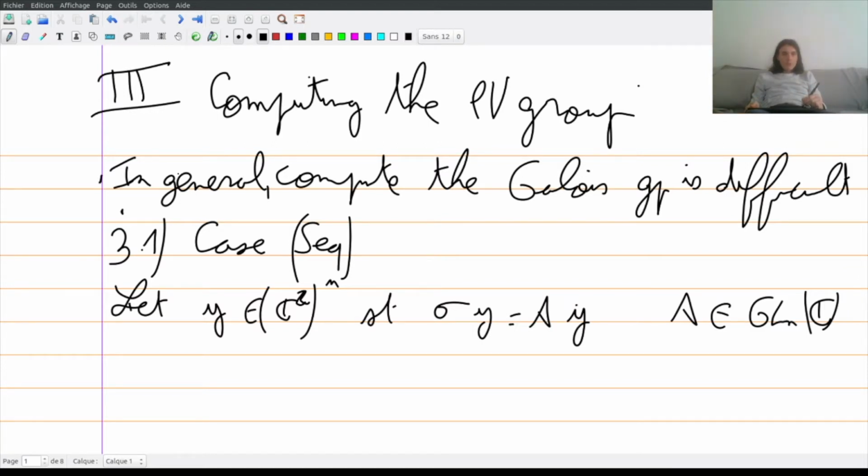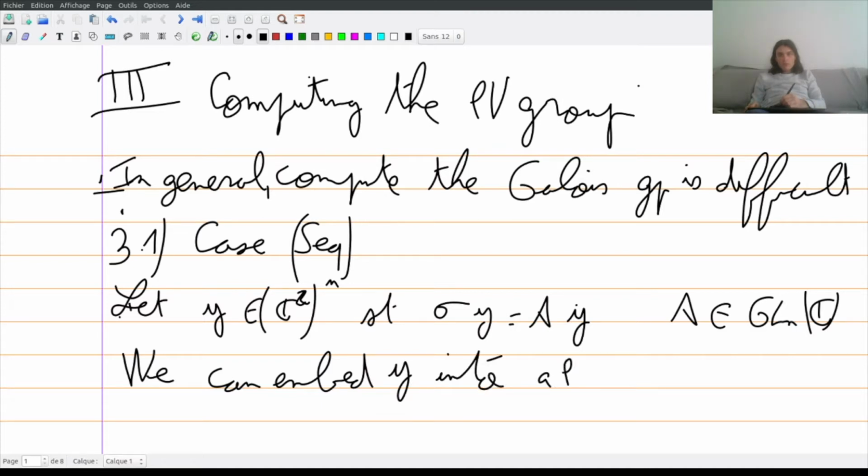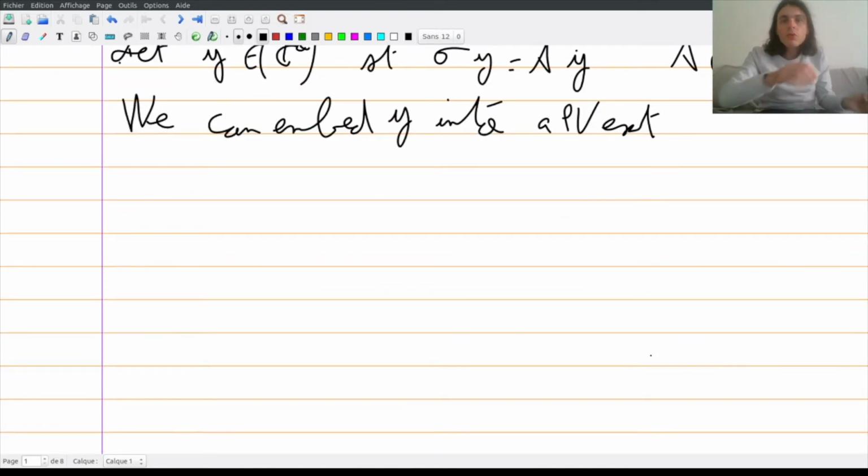We can embed y into a Picard extension. So it will permit us to understand the algebraic relations. But we will not consider the Picard extension corresponding to y.